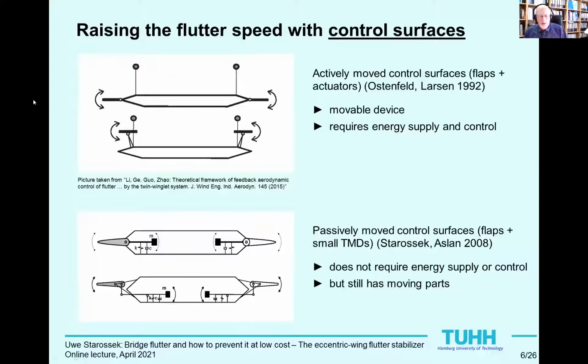Another idea is to use movable control surfaces or flaps, the motion of which is actively or passively controlled to produce aerodynamic forces that counteract the flutter-inducing forces. Such devices are effective in theory, but they have not been implemented to date in any actual bridge.